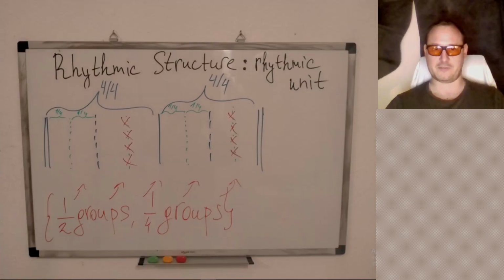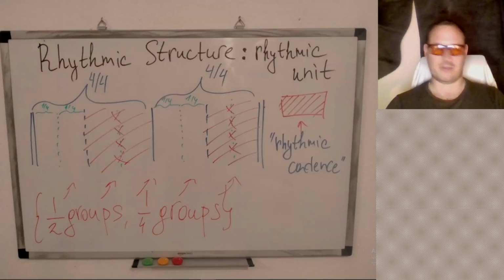At first, the last half of each measure we populate with the half groups. So we do not allow shorter notes here. It is because at the end of each measure, or not each, but certainly closer to the end of the two measure unit, we will have the so-called rhythmic cadence.